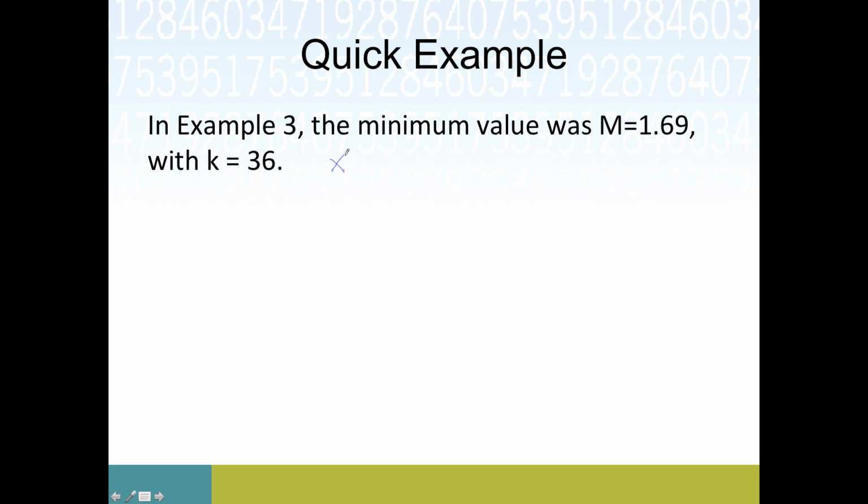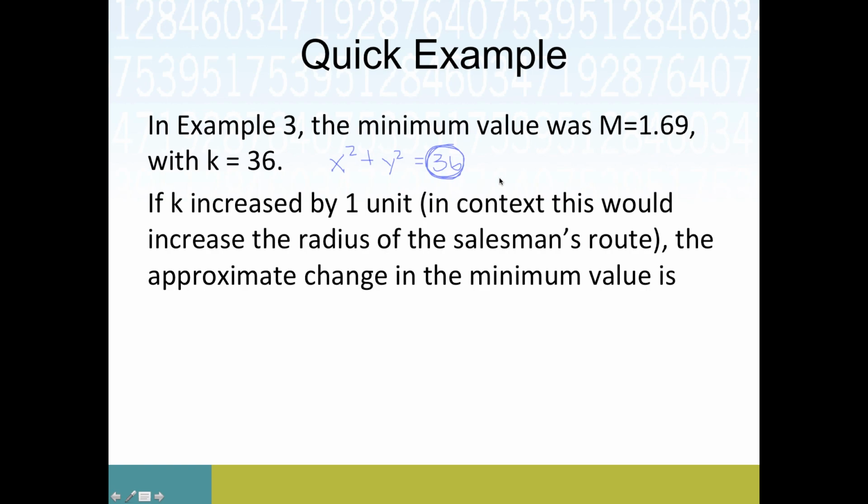The k here was our constraint formula. So k was this constant on a side by itself. Well, if k increased by 1 unit, in other words, if this constant on the right side went up to 37, we could go back and recompute this whole minimum value, although that was slightly arduous.